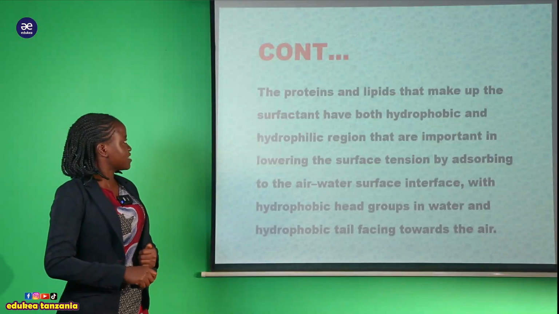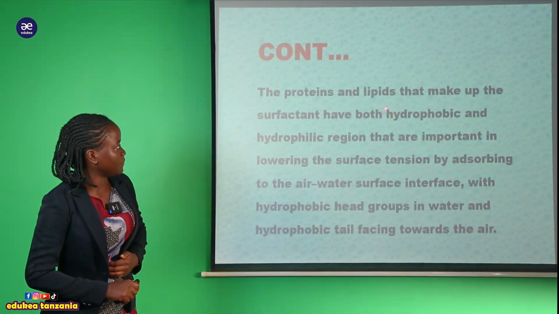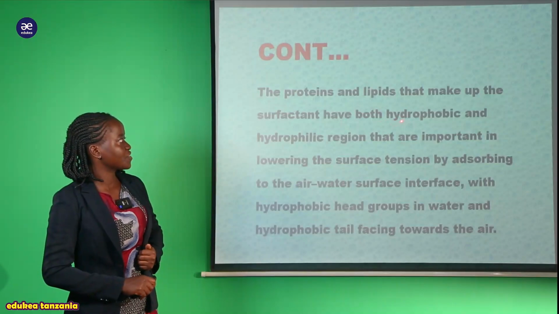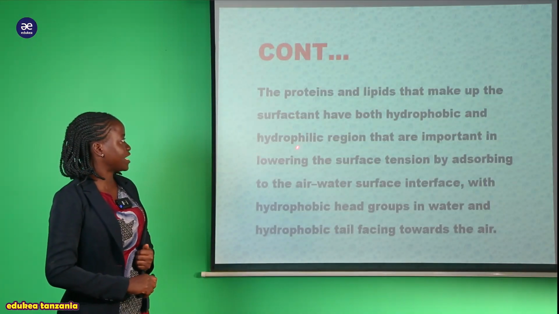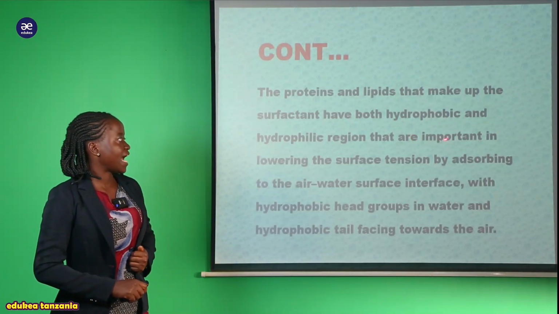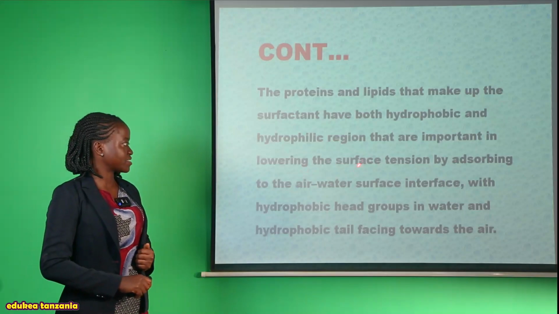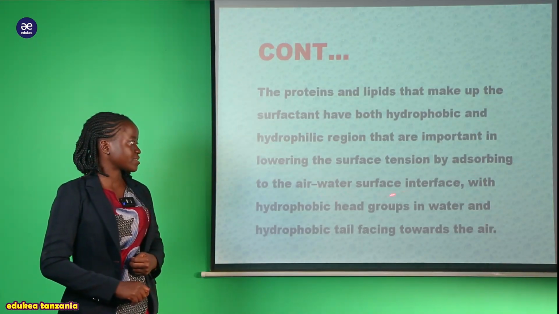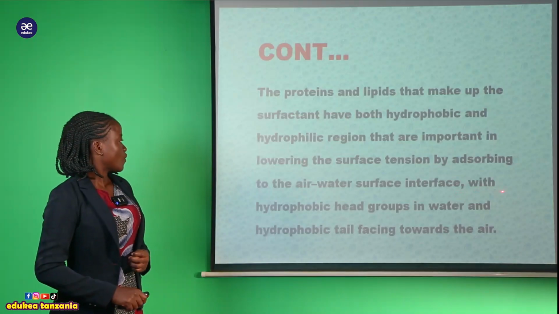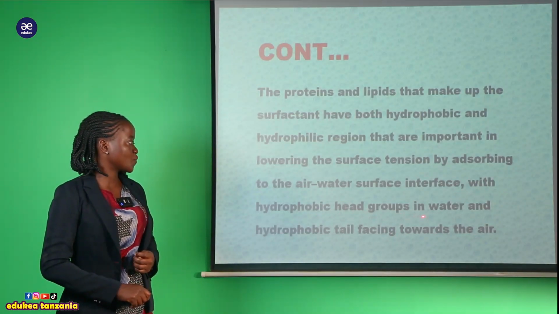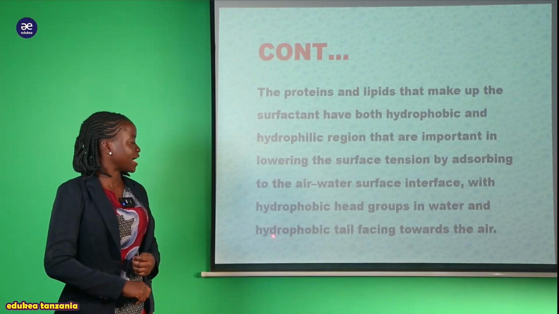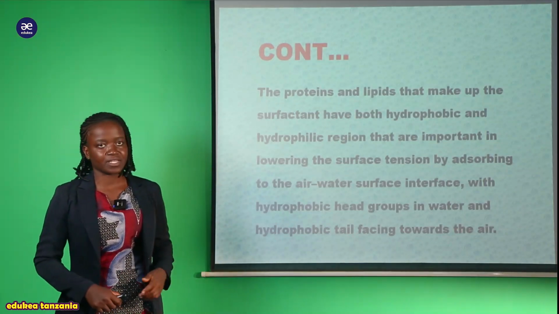So now we can say that the proteins and the lipids that make up the surfactant have both hydrophobic and hydrophilic regions that are important in lowering the surface tension by adsorbing to the air-water surface interface, with hydrophilic heads group in water and hydrophobic tails facing toward the air.